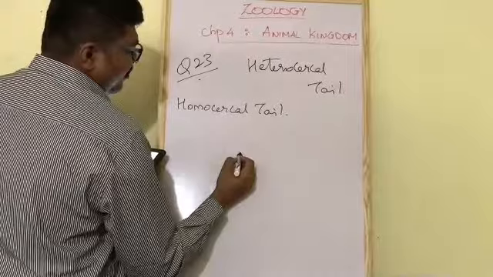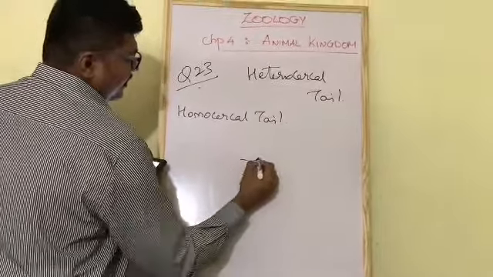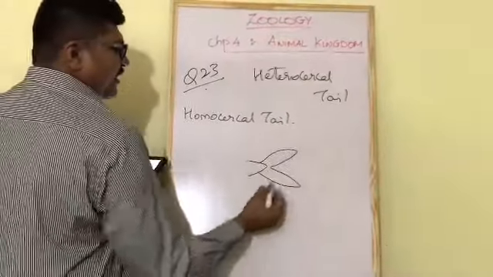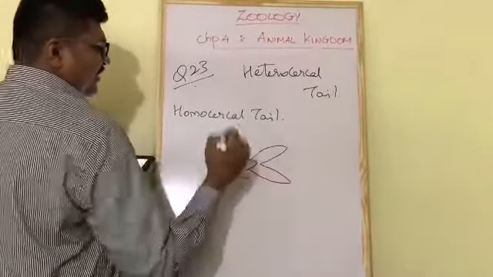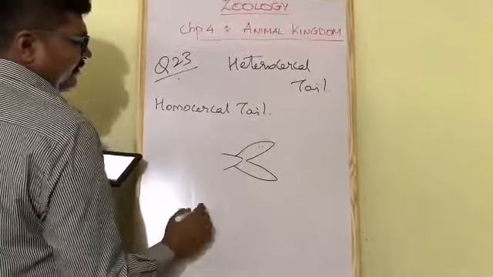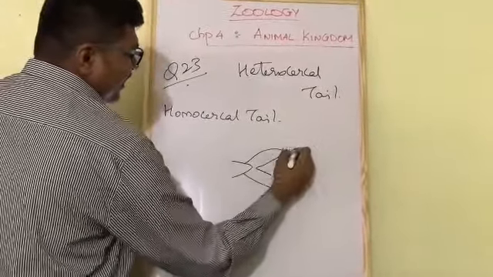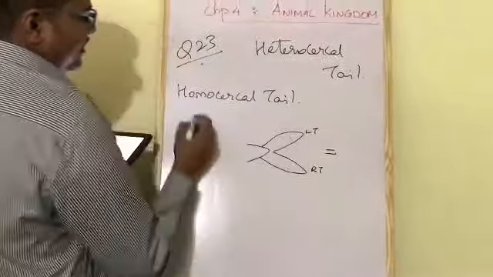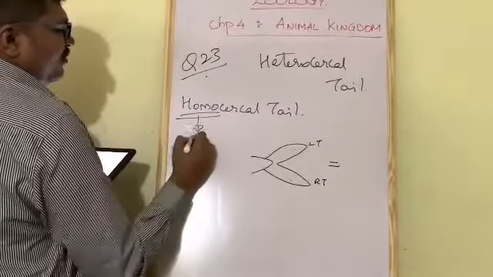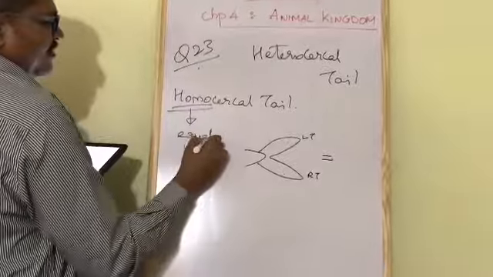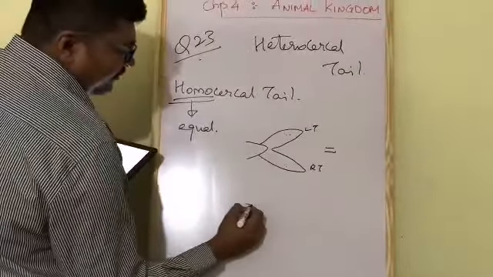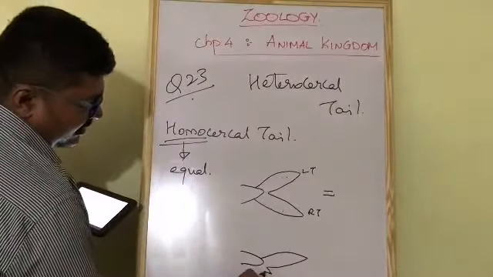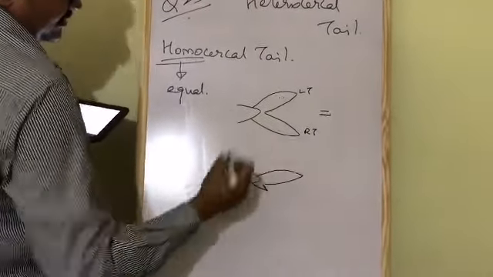If you talk about the bony fishes, they have a tail like this, where both the ends of the tail are equal. If this is the left tail and this is the right tail, both of them are equal. Hence it is called homocercal. Homo means equal.